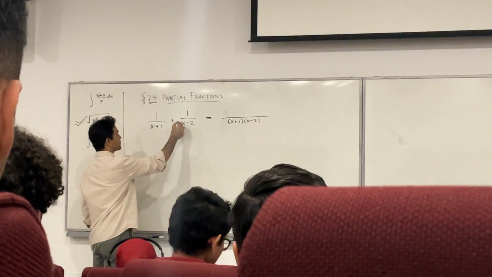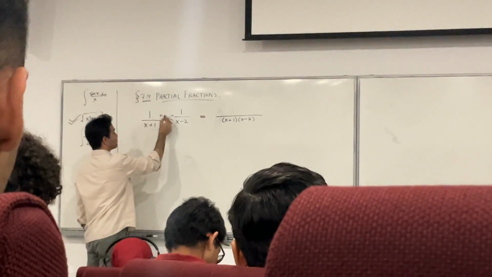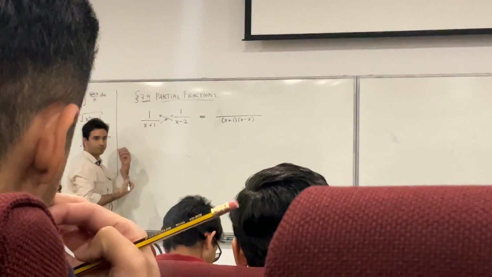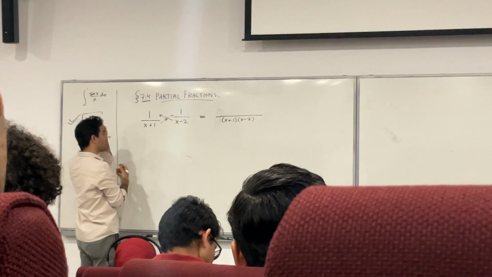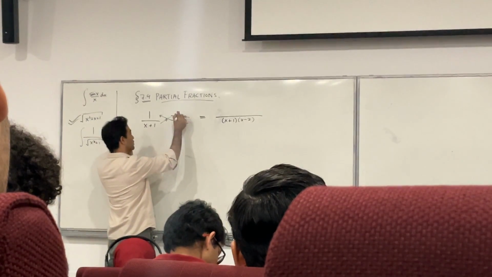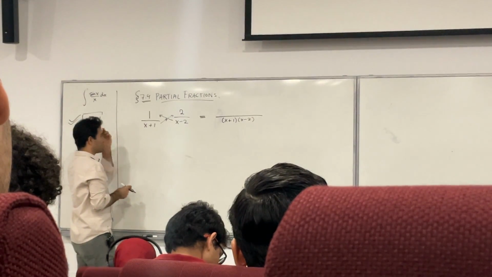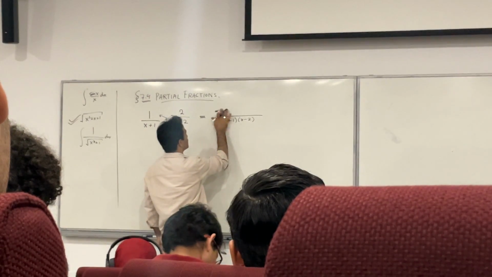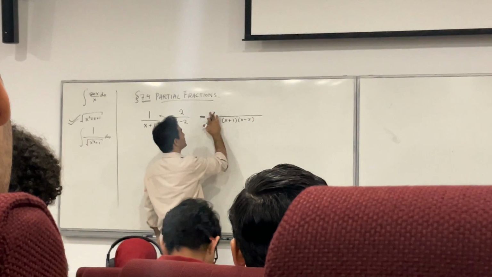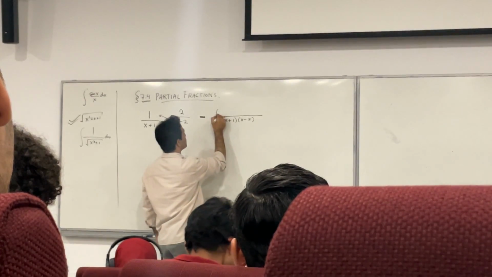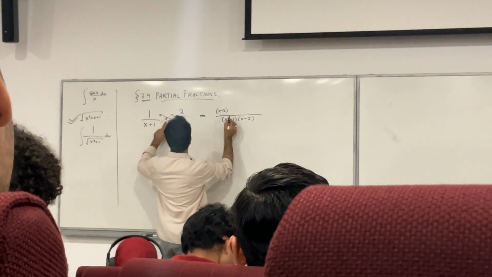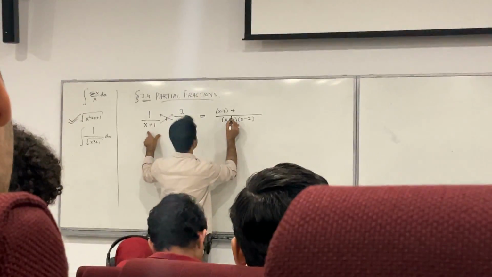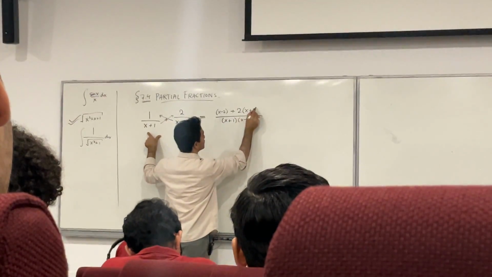and the numerators get cross multiplied and added, right? So maybe let's make this 2 to illustrate this point. So I have x minus 2 and then a plus 2 times x plus 1, right?